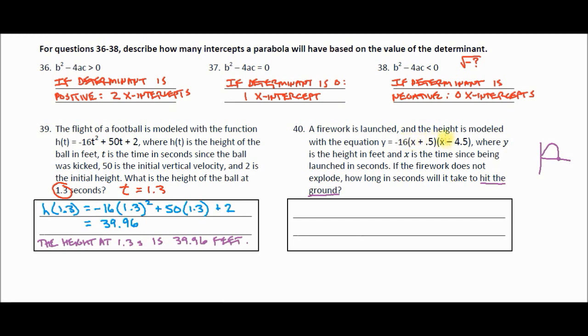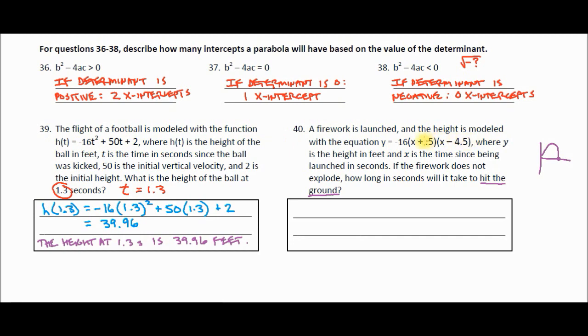Now the thing you need to notice is, as I've told you before, let's identify what form this quadratic is in. The one in number 39 didn't matter because we're just taking a t value and plugging in. That could be vertex form, intercept form, standard form. You plug in t and out comes y, or the height of the football.